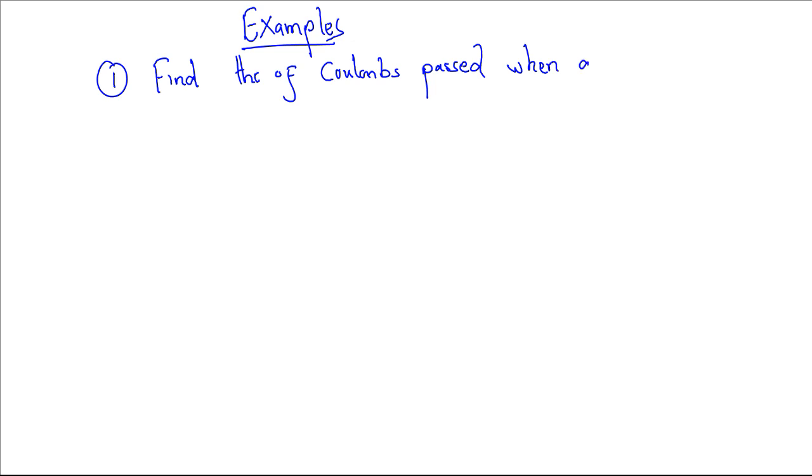Examples. Number 1, find the number of coulombs when a current of 5 amperes flows for 3.5 hours.